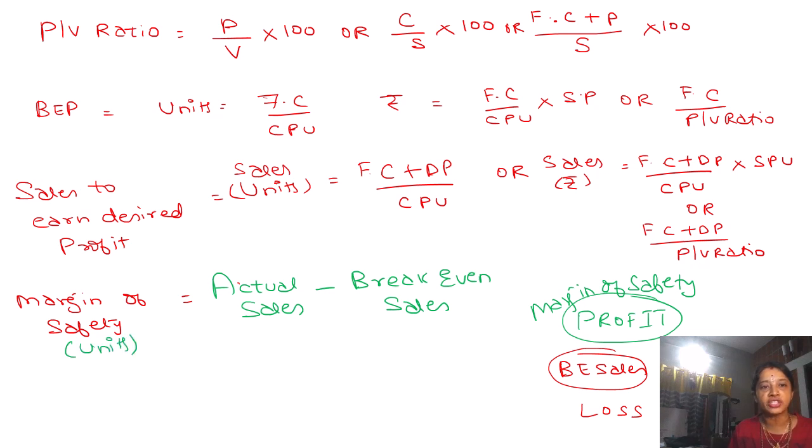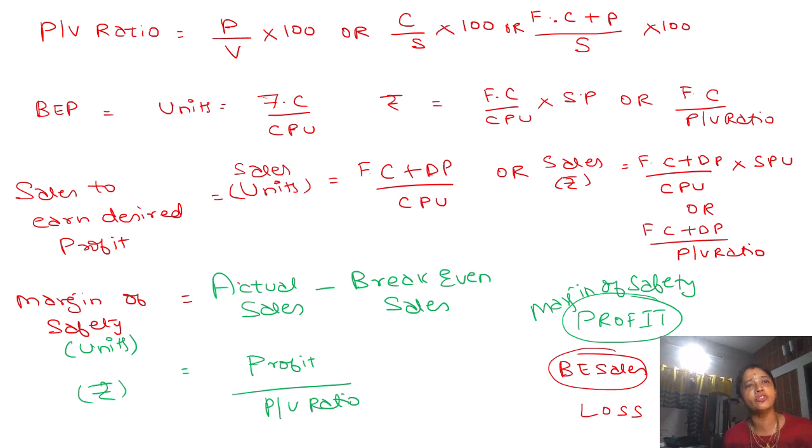If you want margin of safety in rupees, then profit divided by PV ratio. You can also multiply by selling price per unit. Whatever margin of safety you get in units, you get margin of safety in rupees. So, or profit divided by PV ratio. So these are the common formulas used in marginal costing. So kindly memorize all these formulas.